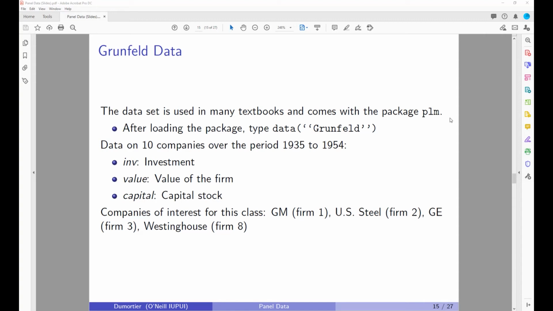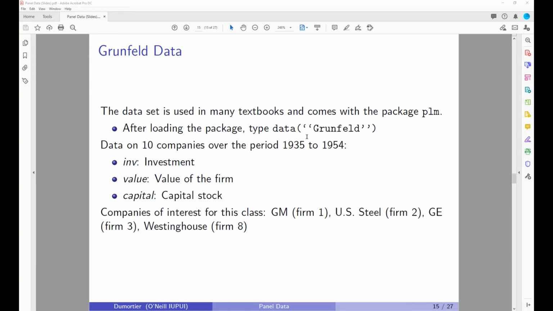The data automatically comes with the package plm, which you have downloaded and installed on your computer before. The data contains information about 10 companies over the years 1935 to 1954. Specifically, we have data about the investment activity of the firms, the value of the firm, and the capital stock of the firm.